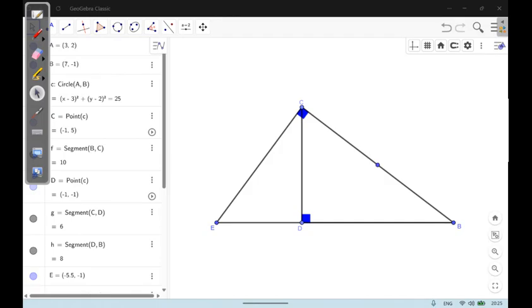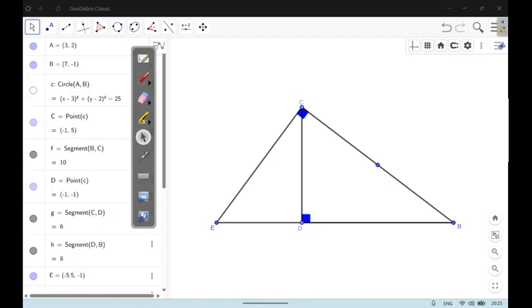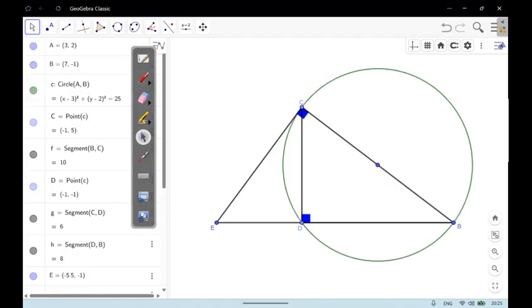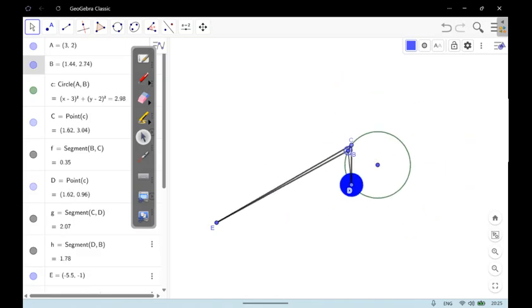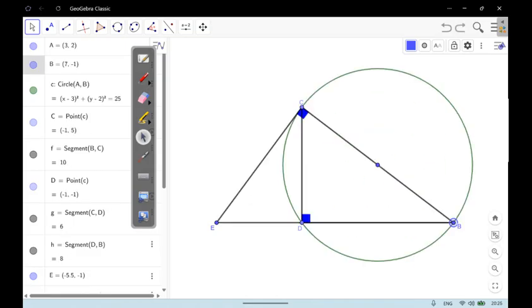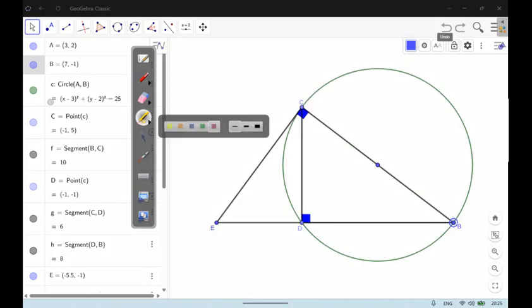I want to show you the simplicity that comes with drawing circles around this. So I'm going to draw a circle around triangle BCD, which is this triangle.